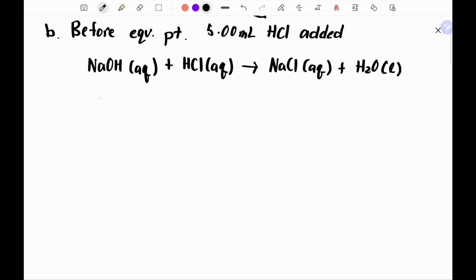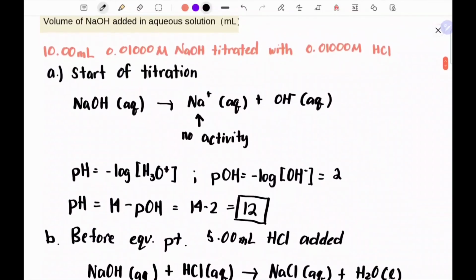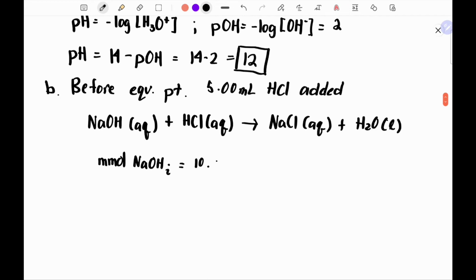Since this is a 1:1 reaction, let's consider the millimoles. The millimoles of sodium hydroxide initially should be 10.00 ml times 0.01000 millimole per ml.